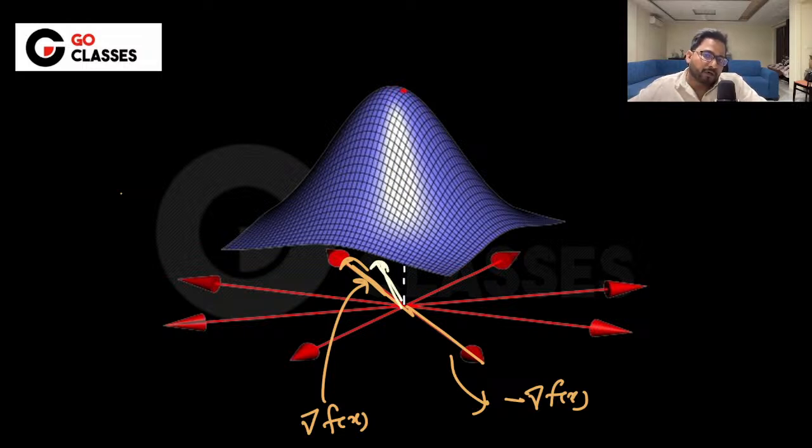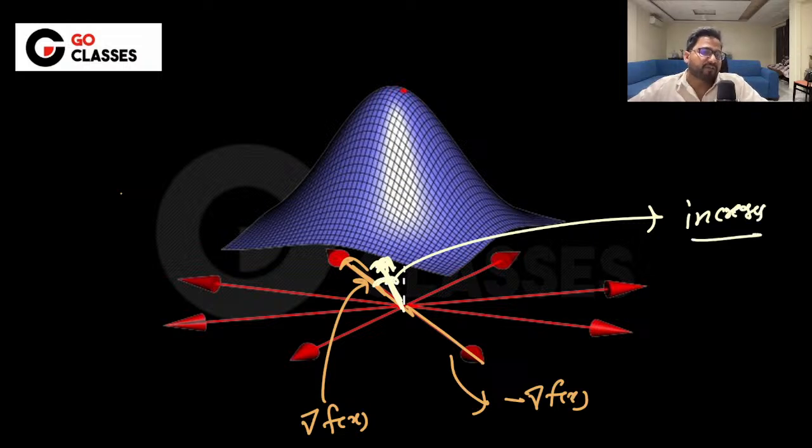In this direction it is also increasing, because it is within 90 degrees of grad f(x), making an acute angle with it. So it increases, but not the most. In this direction it also decreases, but not the most. Are you getting my point?